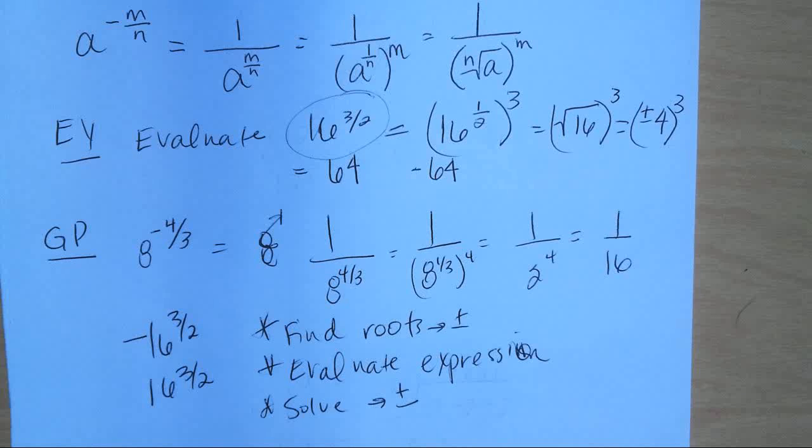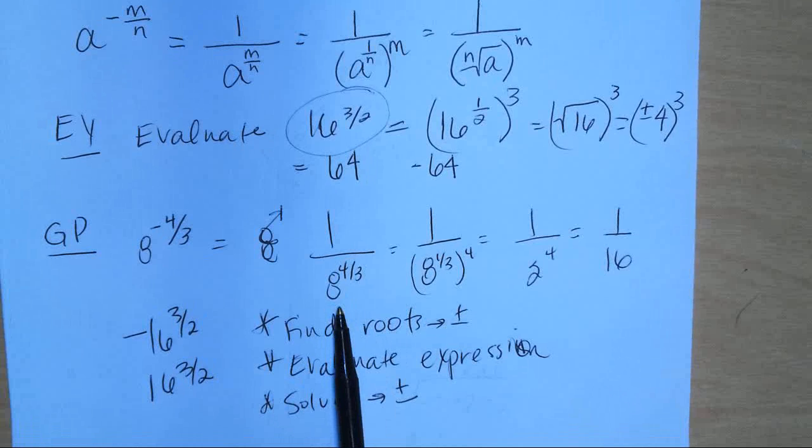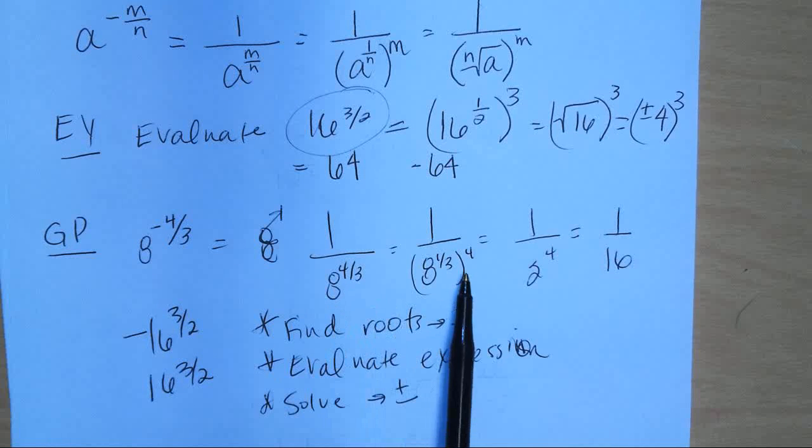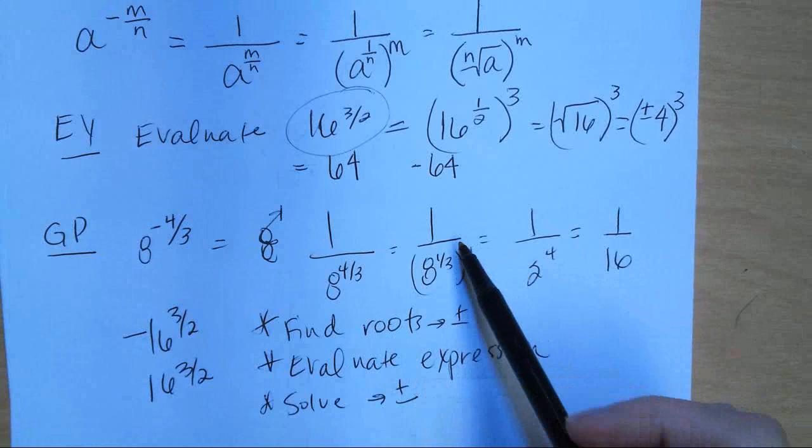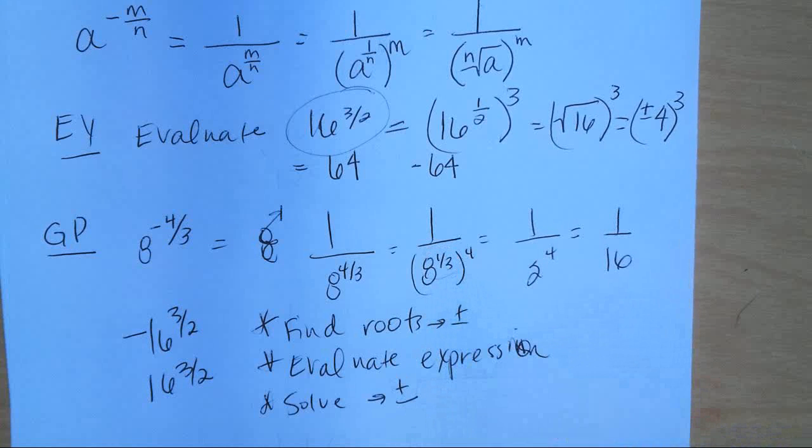Okay. Questions on the last two examples? Yes. So, on the second step of the last one, is the exponent outside of parentheses always... Yes. Because you want 1 over the denominator here so you can figure out what root it is.